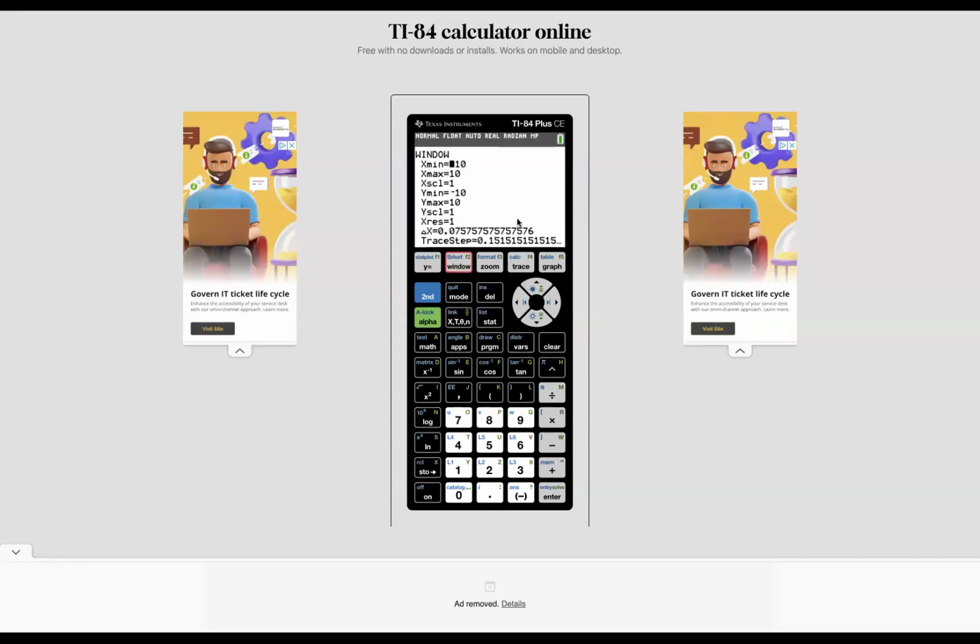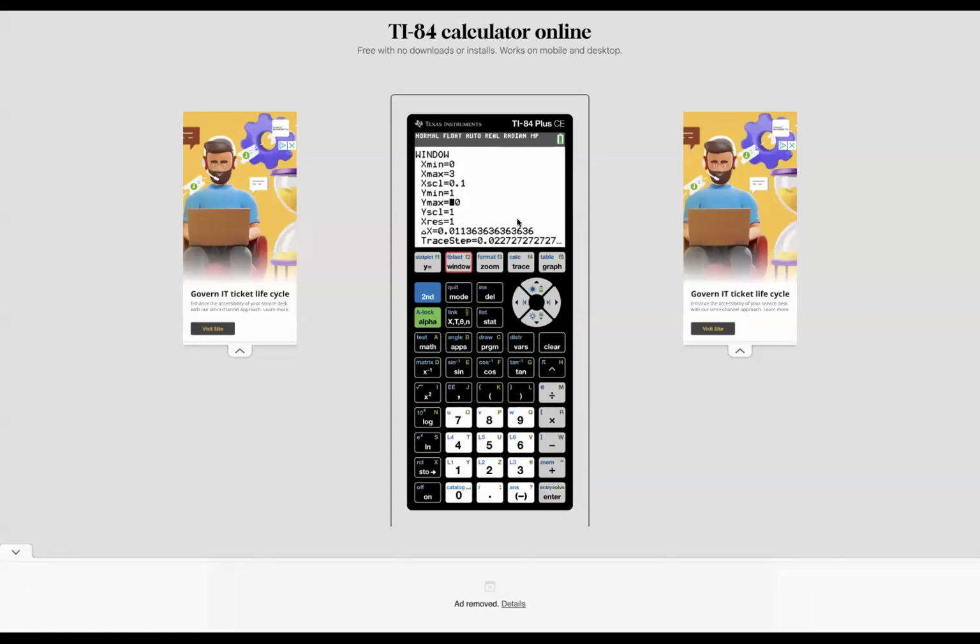So 0 can be my X minimum, and X max will be equal to 3, okay? The X interval can be 0.1. And then Y min, how was the height? Height was 1.4 to 10. So 1 to 10 I can have.